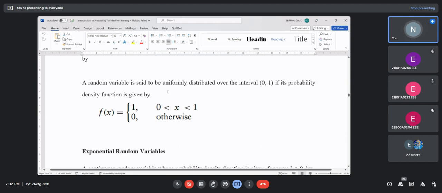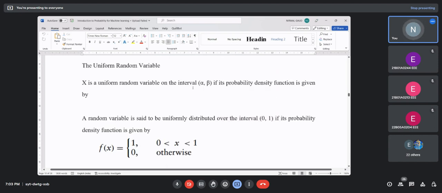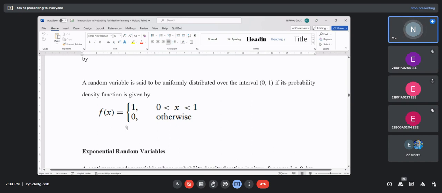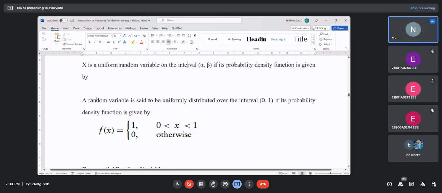A random variable is said to be uniform if its distribution is between 0 to 1. So this is how you need to prepare a function for a uniformly distributed random variable. You get the value 1 if the value of x is between 0 to 1, otherwise you get the value 0. That's it. This is your uniform random variable.